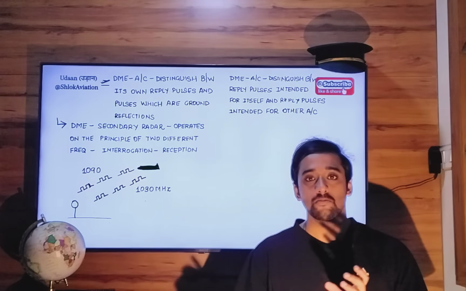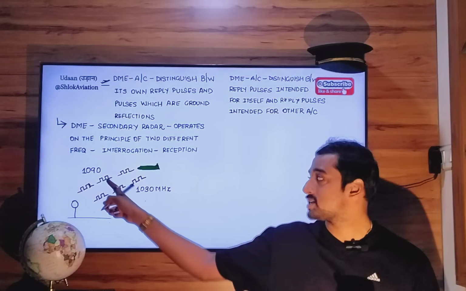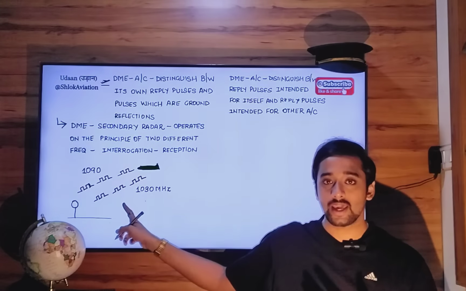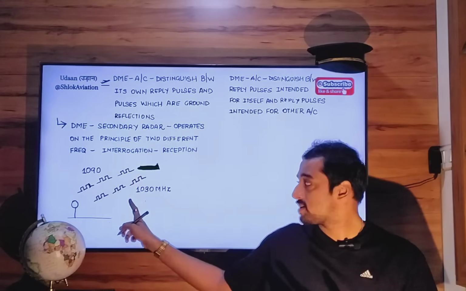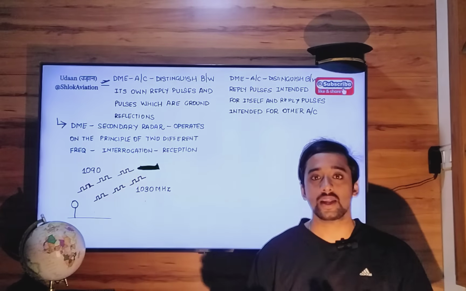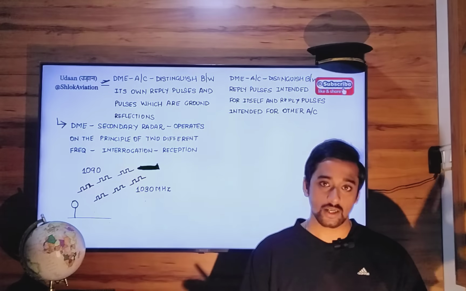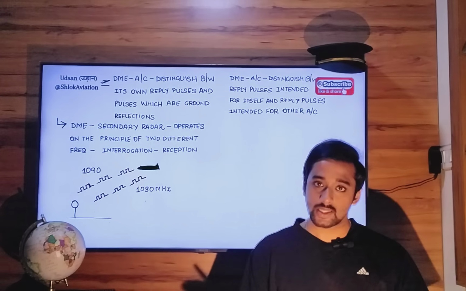The ground reflected pulse will be at the same frequency as the transmission, which is 1090. In case of a DME reply pulse, the frequency will be different, 1030 megahertz. So this is how it differentiates between ground returns and DME pulses.